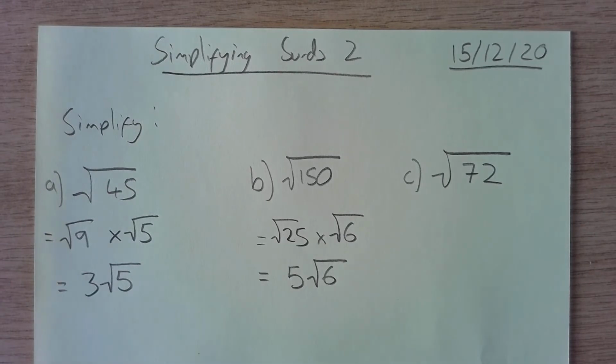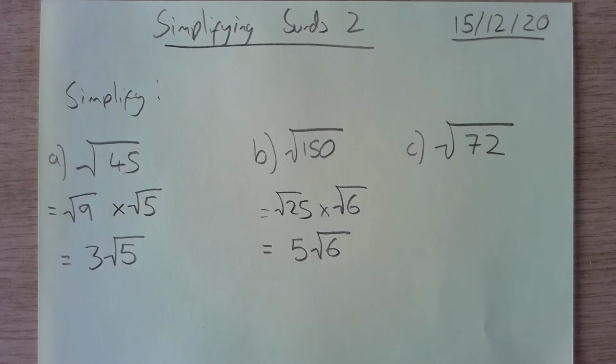Now, question C is almost exactly the same, but there are a few different ways you could go about it, because there are 3 different square numbers that are all factors of 72. It has a factor of 4, and a factor of 9, and a factor of 36. Again, this is a bit like cancelling down fractions, where sometimes you can cancel it down by different things.